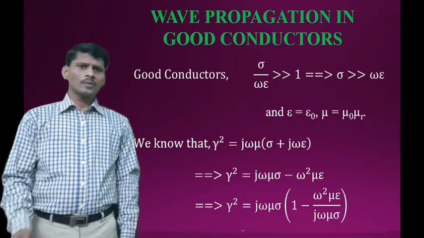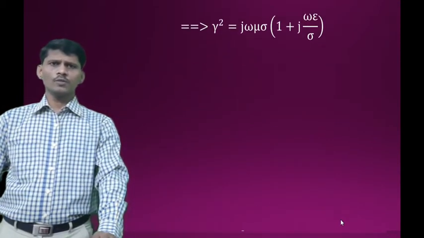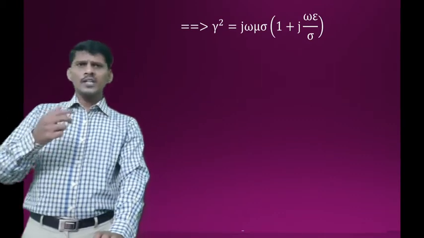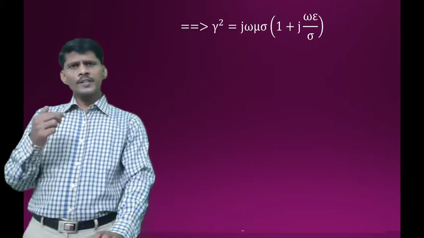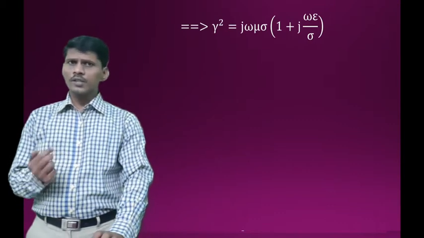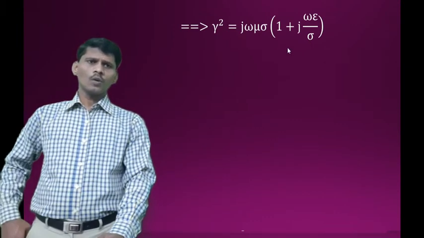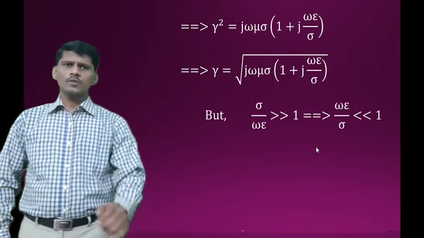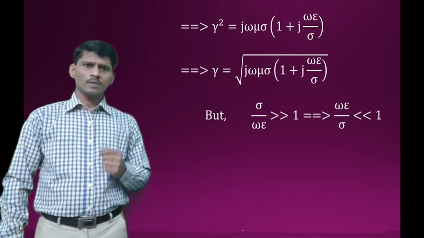In the numerator and denominator, omega cancels and mu cancels. Multiplying the numerator and denominator by j, in the denominator j square is minus 1, so minus into minus gives plus. Therefore, 1 plus j omega epsilon by sigma. So gamma is equal to the square root of j omega mu sigma into (1 plus j omega epsilon by sigma).